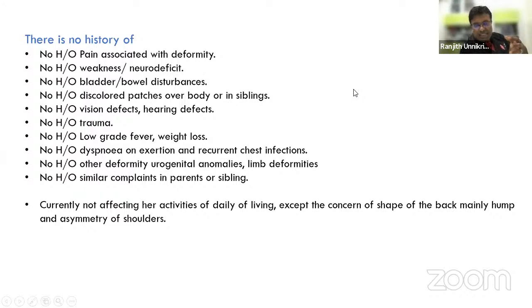As per the series, 6 times higher chance of having a significant curve in a family if somebody in the family had a spinal deformity which needed treatment, not any deformity, one which needed treatment. Yes, sir. Sir, Ranjit, sir, this is with regards to idiopathic scoliosis? Purely idiopathic scoliosis. Purely idiopathic. Adolescent idiopathic, not in juveniles, not in early onsets.